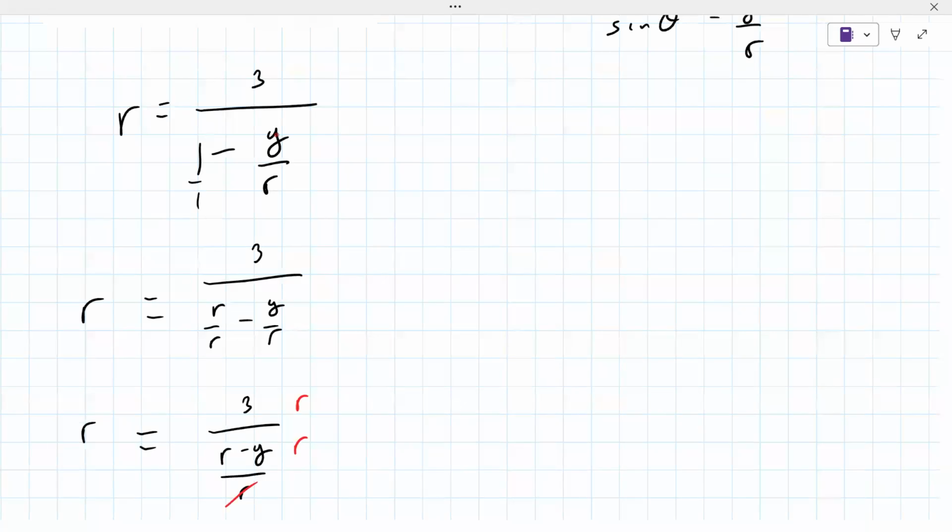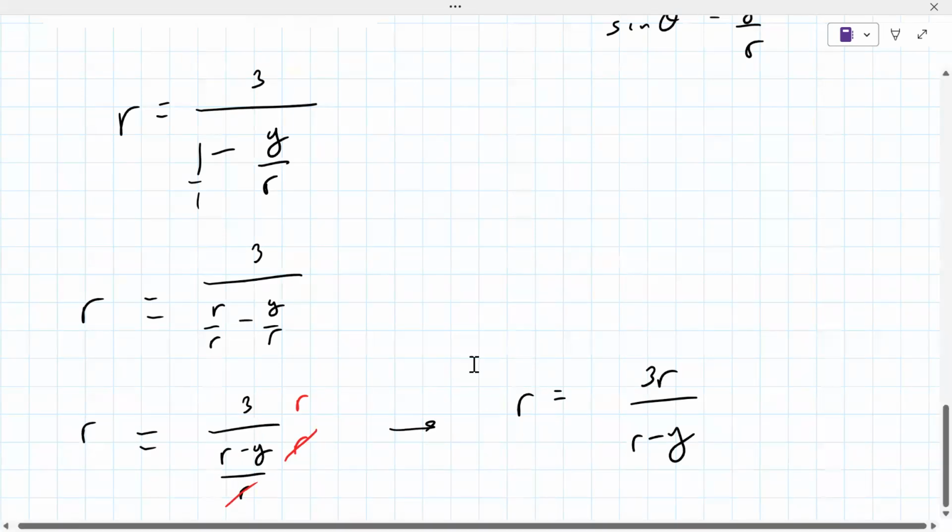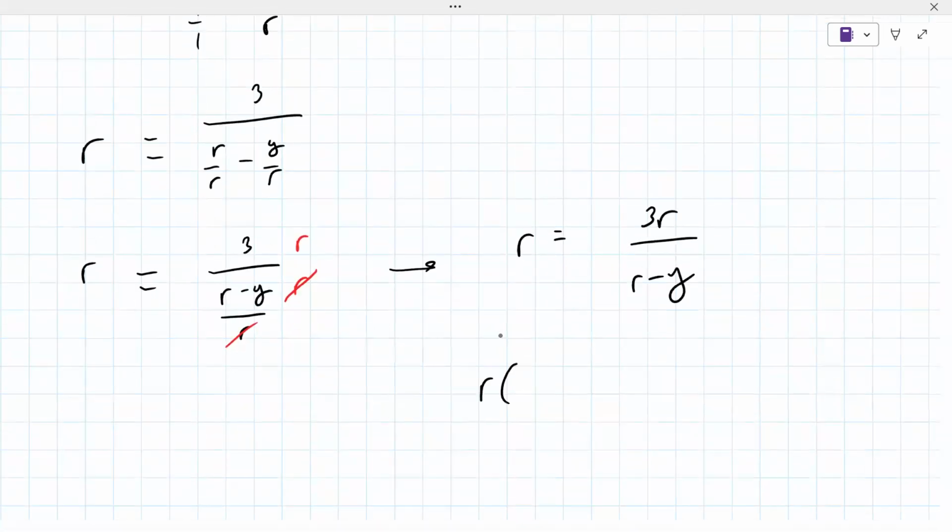Yeah, you would figure it out. And so, yeah, you get r equals 3r over r minus y. So multiply both sides by r minus y. Yeah, so it's r squared minus... I'm going to leave it out because we can actually cancel with that.